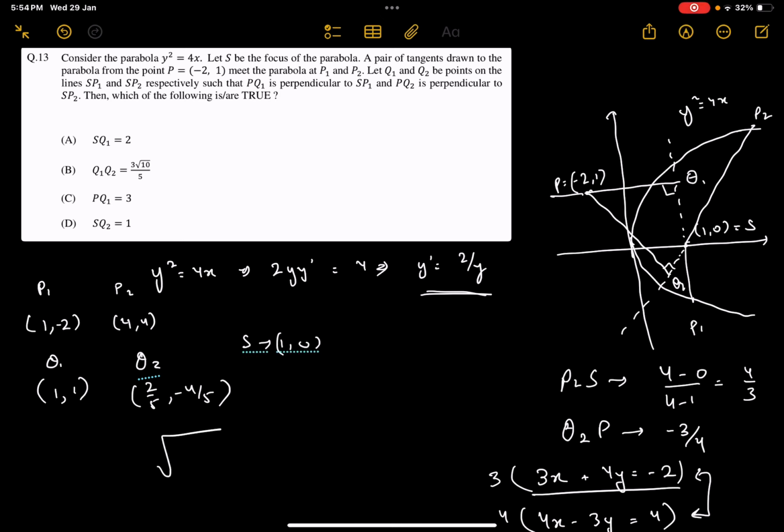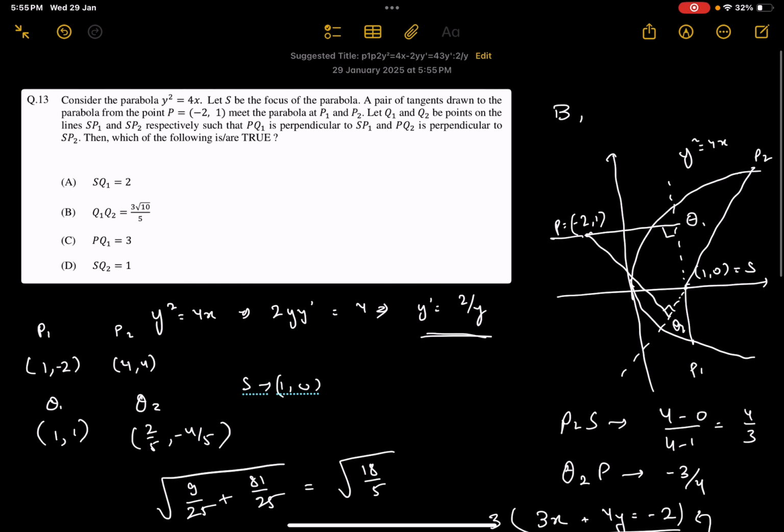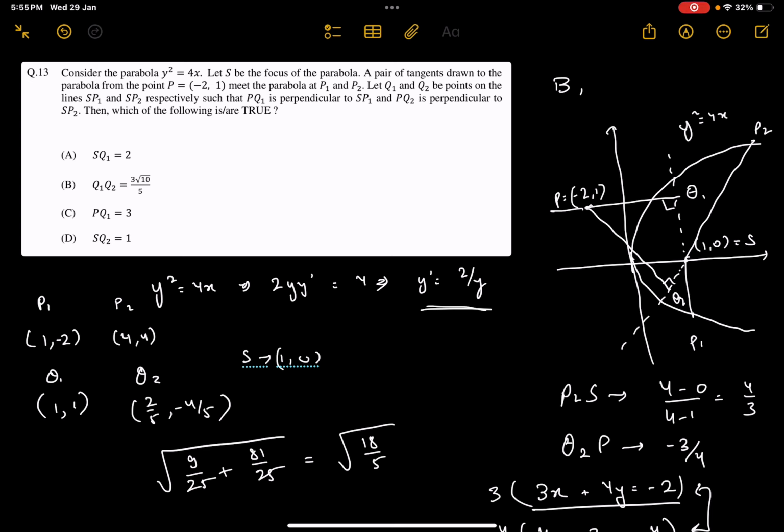Q1Q2 is the square root of (1 minus 2 by 5, which is 3 by 5, squared) plus (1 plus 4 by 5, which is 9 by 5, squared), which is 90 by 25, giving 18 by 5 under the root. So B option is correct. PQ1 is 3. Yeah, C option is correct.